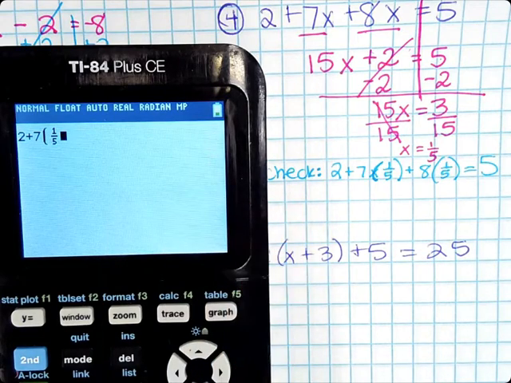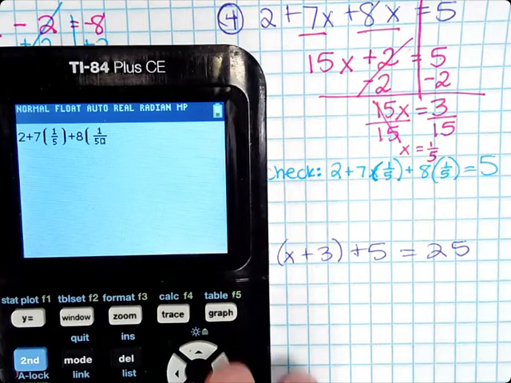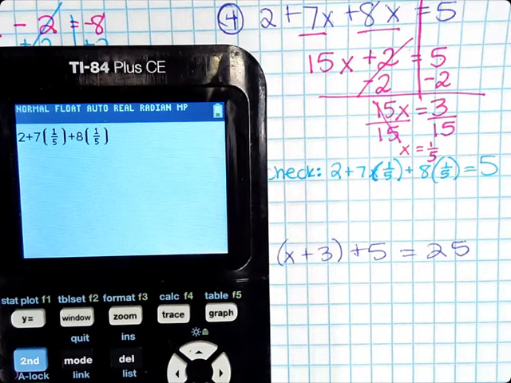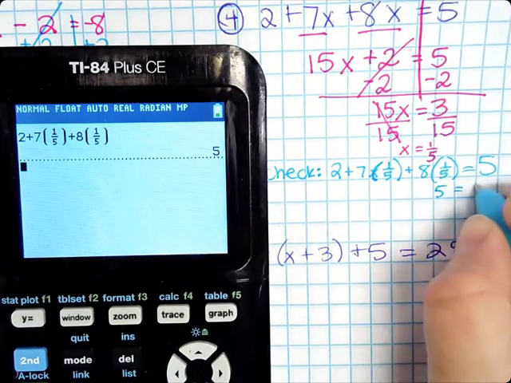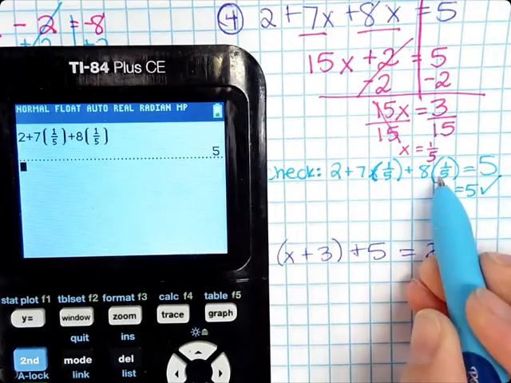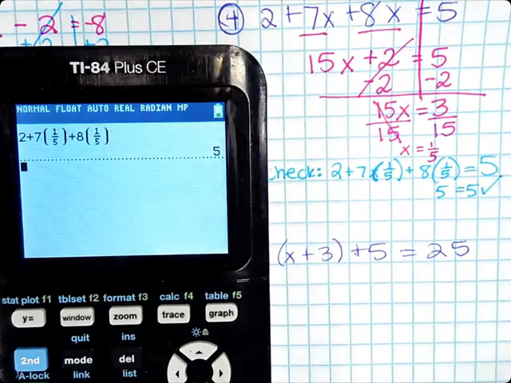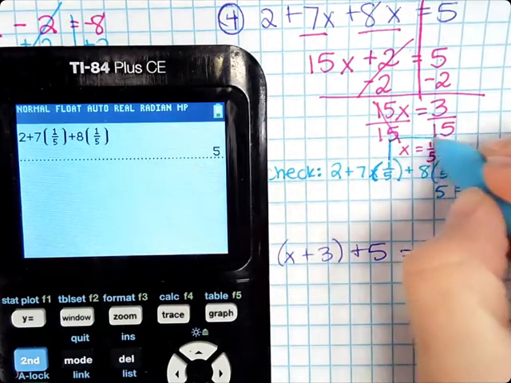Make sure you arrow over to get out from the denominator of that. And that equals 5. So 5 equals 5. This side came out to equal 5, and it's supposed to equal 5. So we're done. Put a box around your solution.